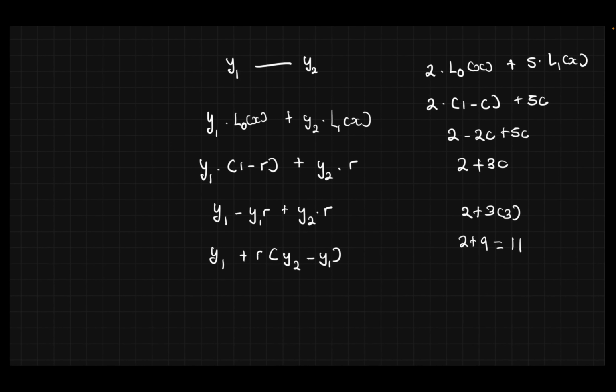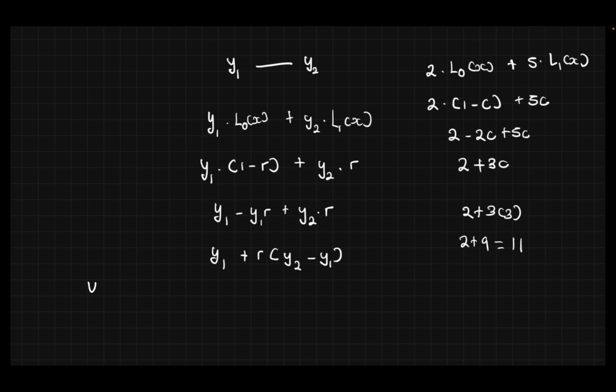Now let's use this other one: y1 is 2, y2 is 5, and r is 3. So we just do 2 plus 3 times (5 minus 2), sorry. So that's 2 plus 3 times 3, which is 2 plus 9. So fast. Do you get it? Okay.